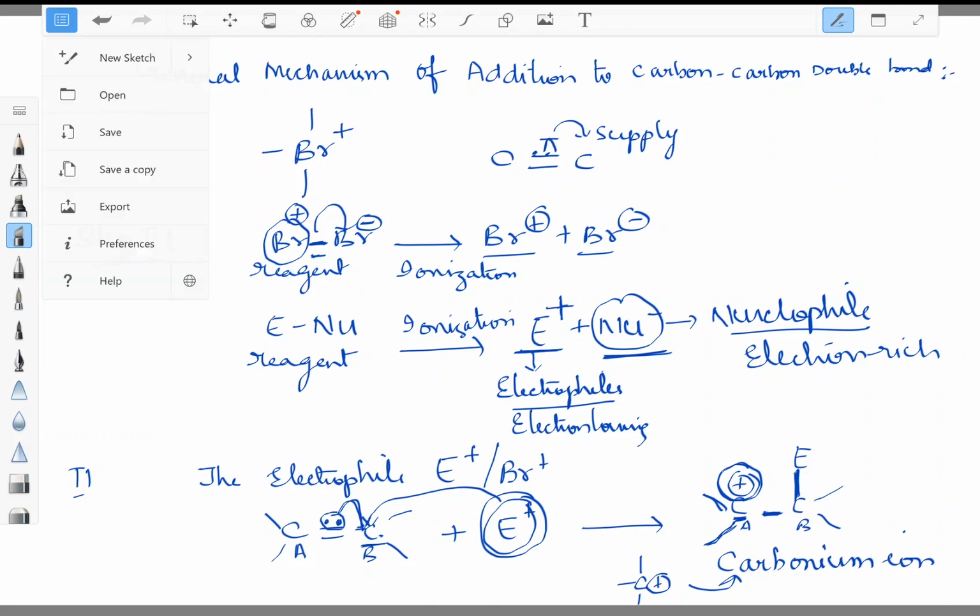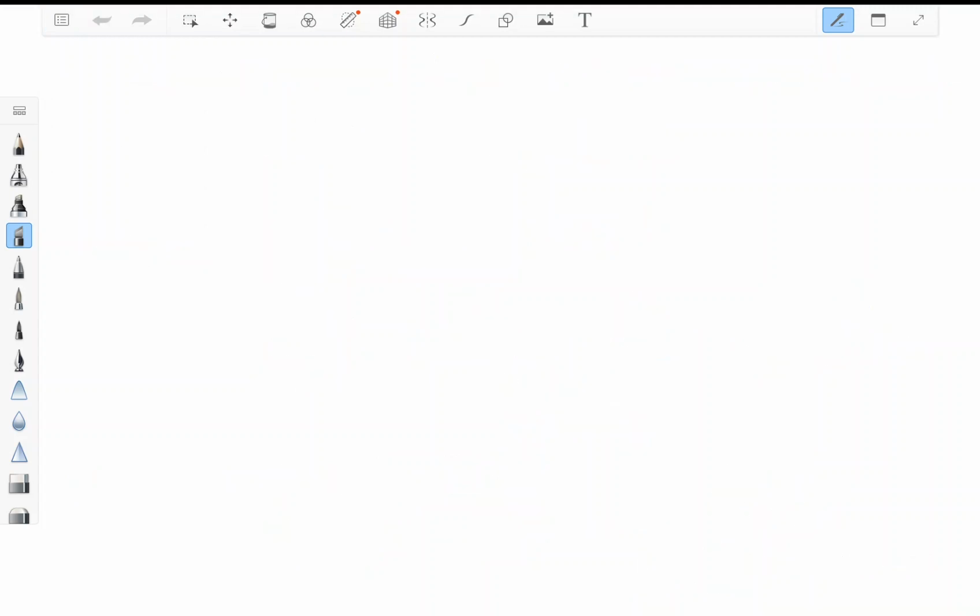The other possibility is also there. The next possibility is, I have once again a carbon-carbon double bond with two bonds as it is, and an electrophile. Instead of going to this carbon, if I give it to this carbon, then the possibility is exactly opposite. Carbon, single bond, carbon, as it is, I'm putting two bonds which are nothing but hydrogens.